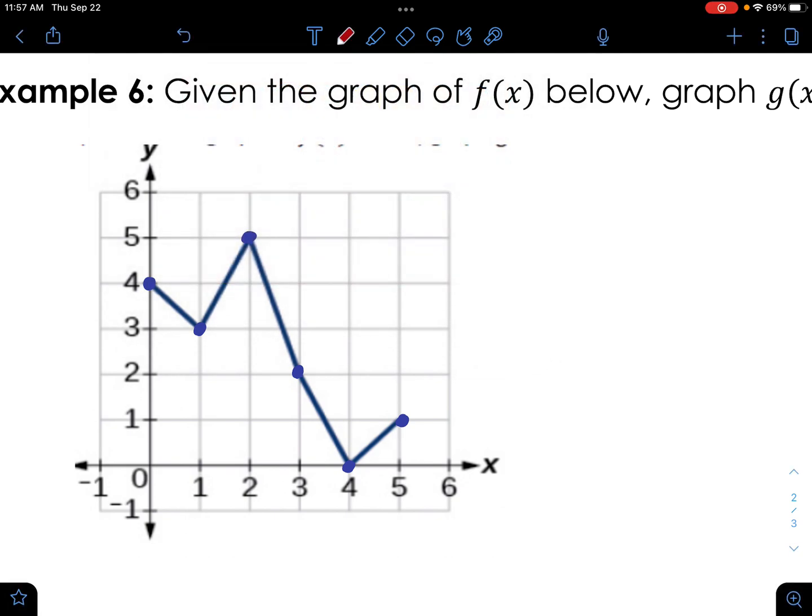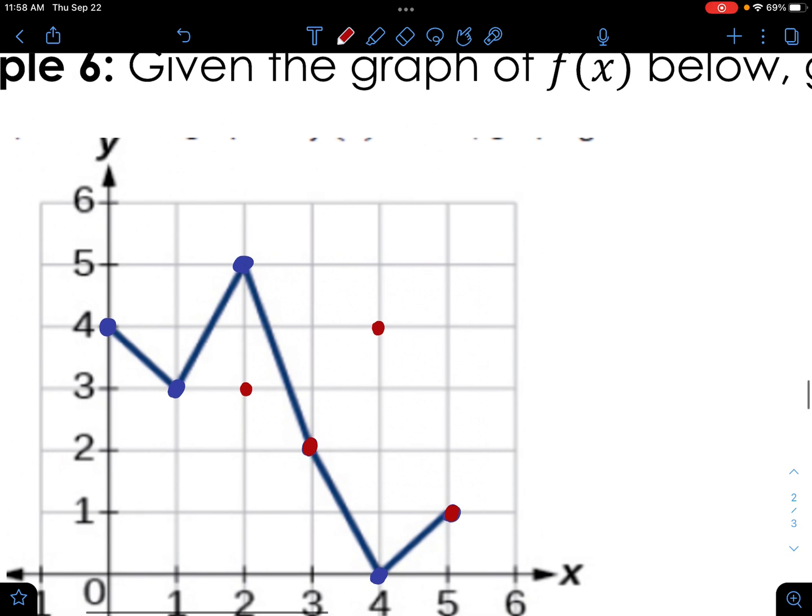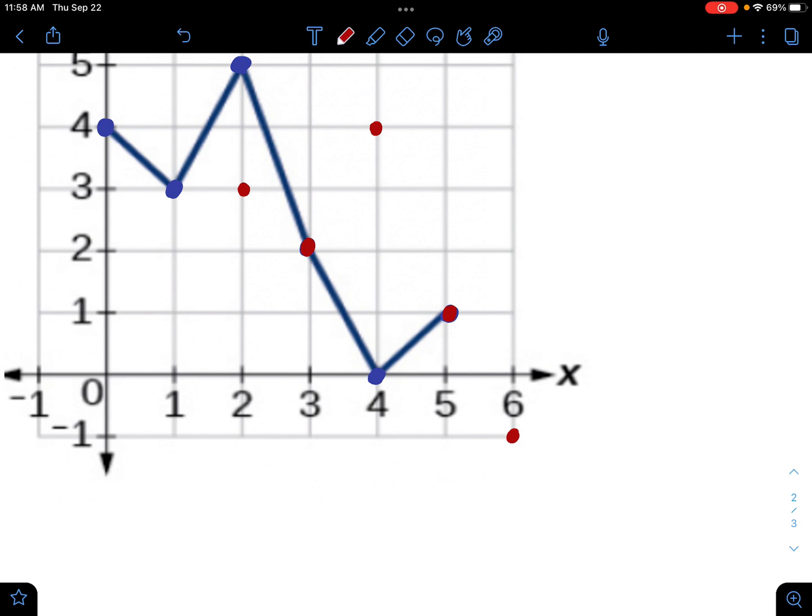And so that's going to give us, we're going right 2, down 1, and repeating that for each point.